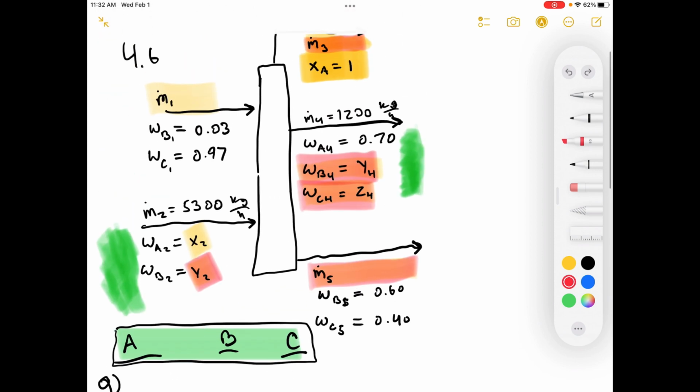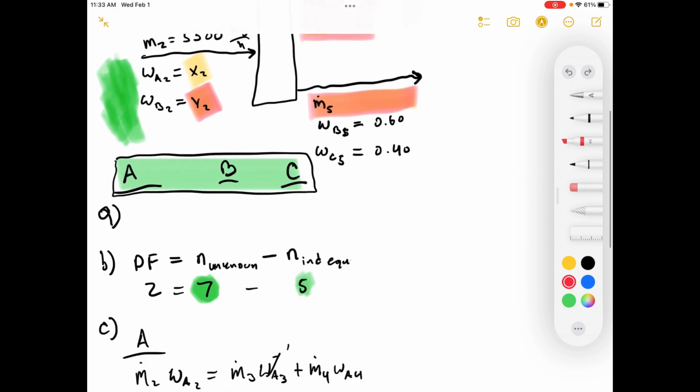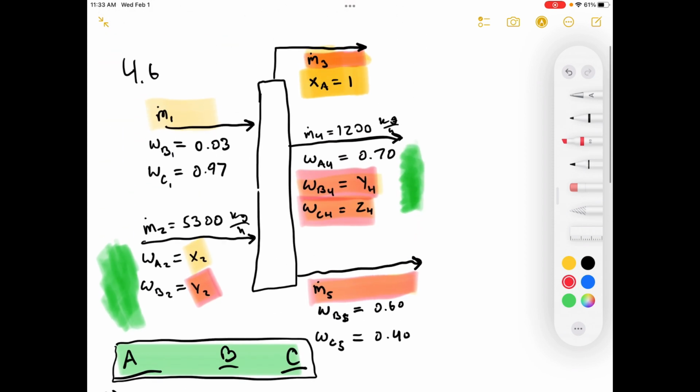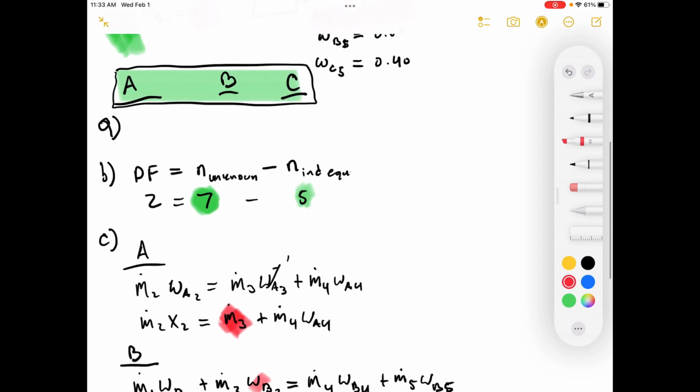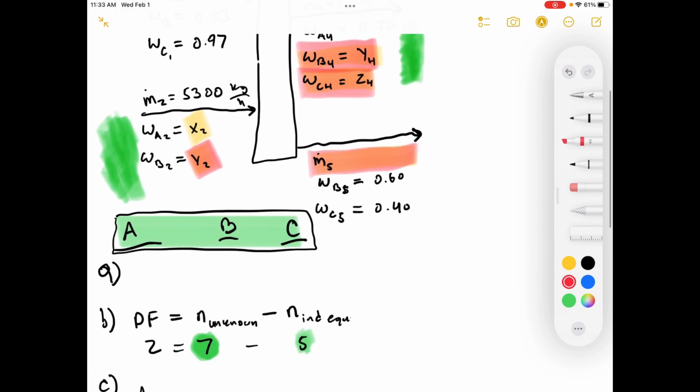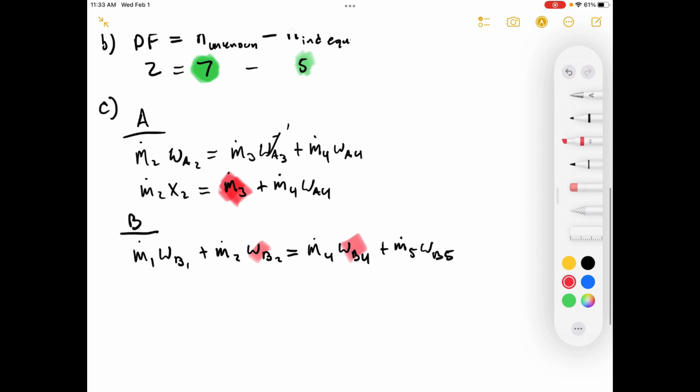In this equation, we've got WB2 is an unknown. M3 does not appear here. WB4 and M5. Okay, so we have 3 unknowns here, but let's do one of our physical constraints.